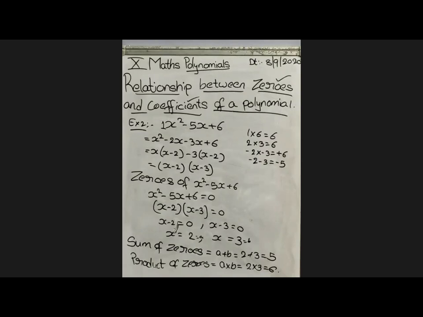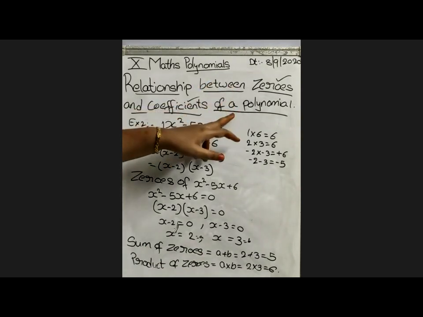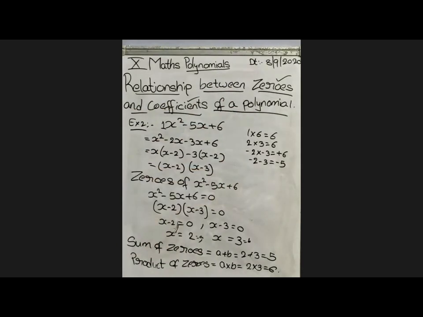Yes or no? So we got the values. Now we have the sum of the zeros and product of zeros. Now we have to find the quotients, and show that both are the same.